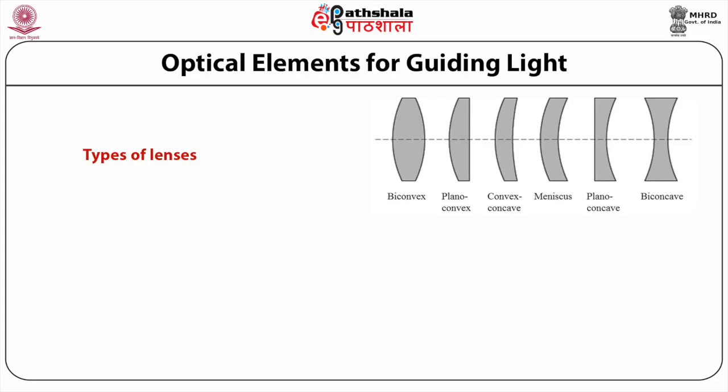The lens can be of meniscus type as shown here, or it can be plano-concave, or lenses can be of biconcave type. Depending on the kind of application you have in mind, you can choose any one of these.